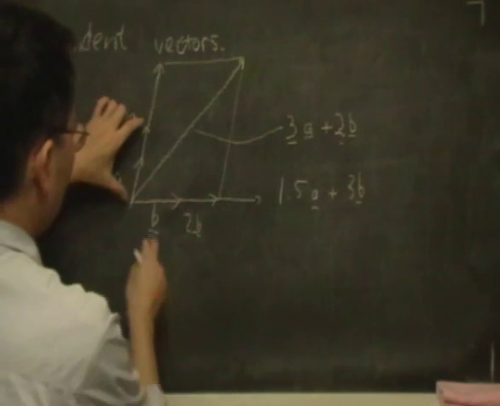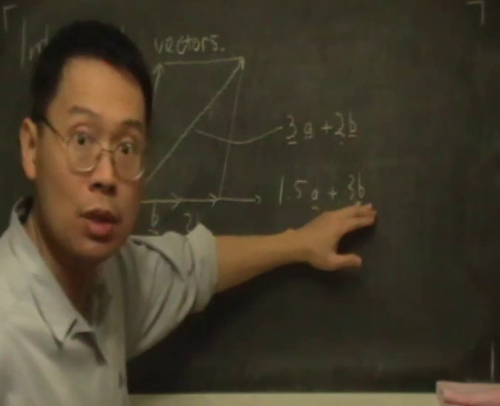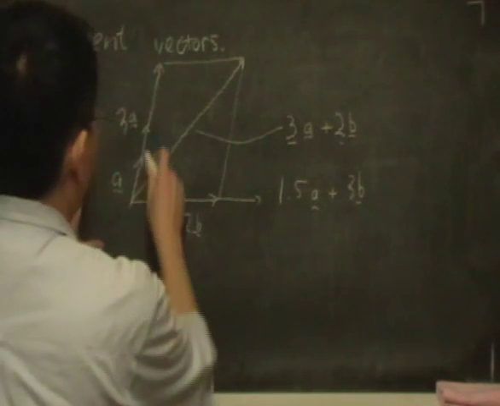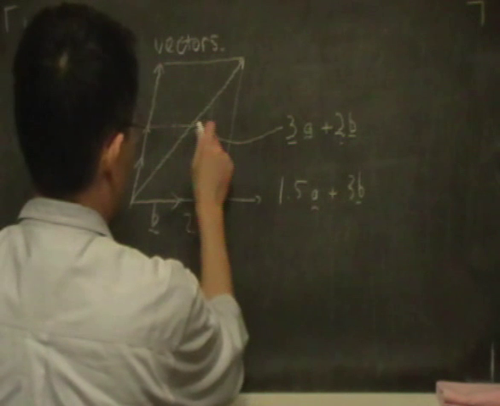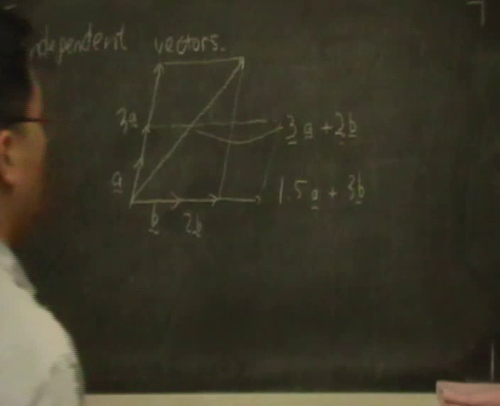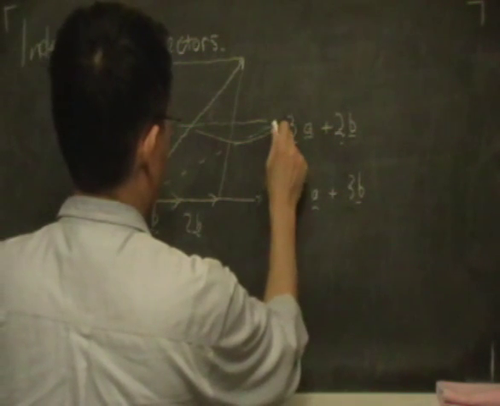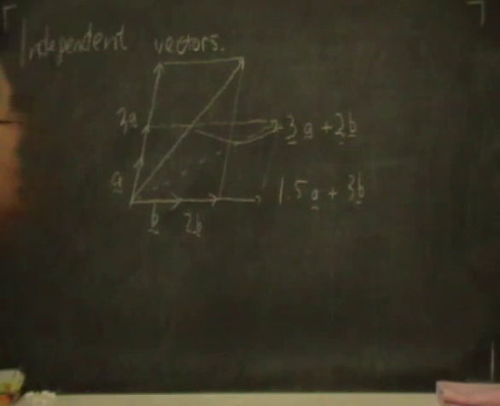And if I think about adding those two vectors to form the resultant vector of this sum, I need to complete this parallelogram. Alright, and I will end up with a new vector that looks like that.